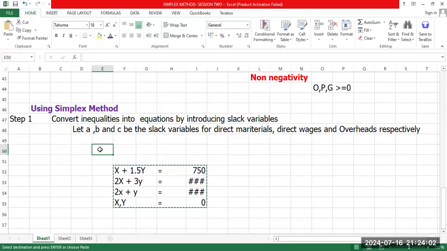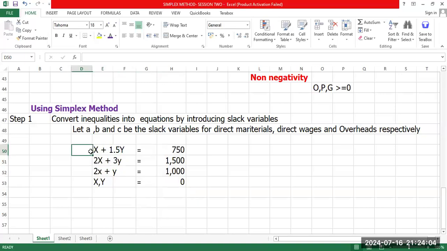Then, once I do that, before I put equal sign, I introduce a slack variable.